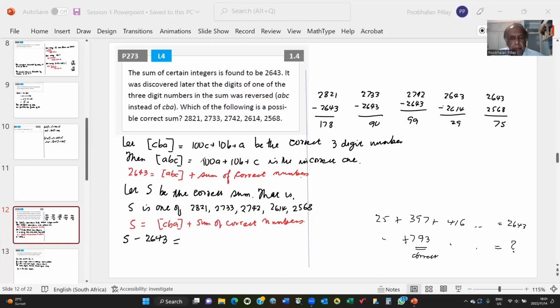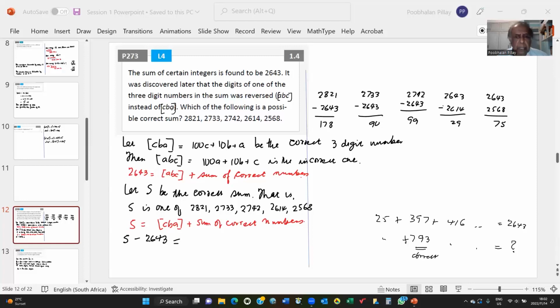So the way to do this is you'll say, according to this, they say one of the 3-digit numbers in the sum was reversed. I should have had CBA, but I wrote down ABC backwards instead.